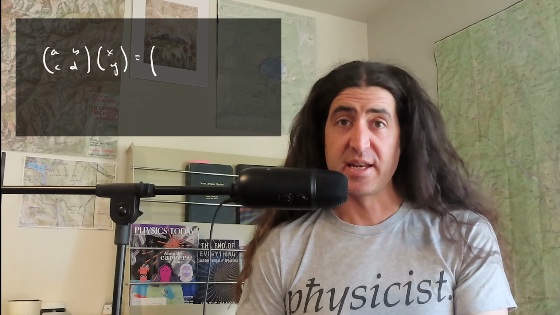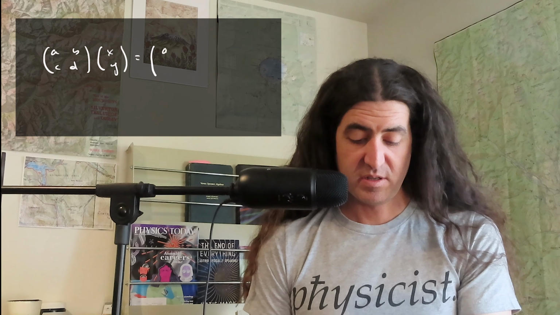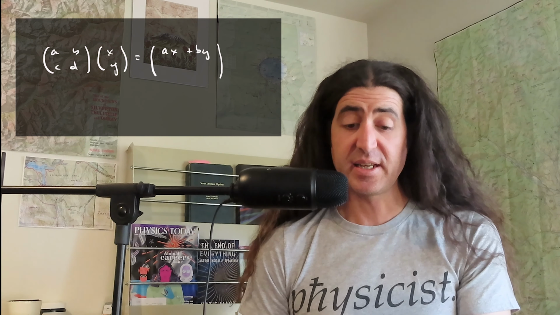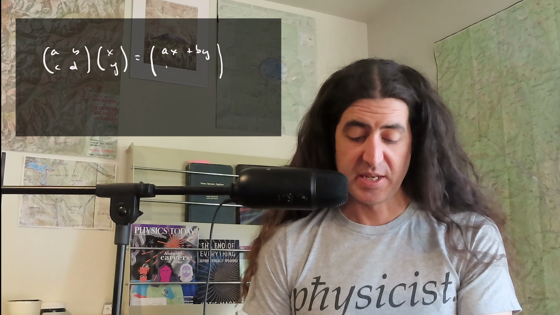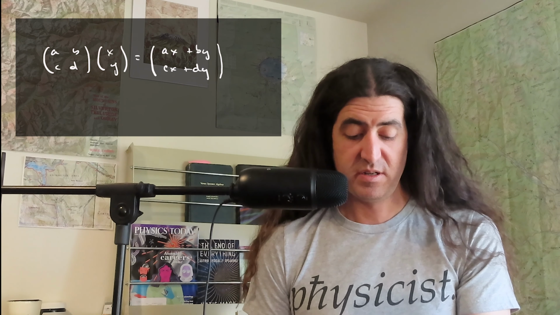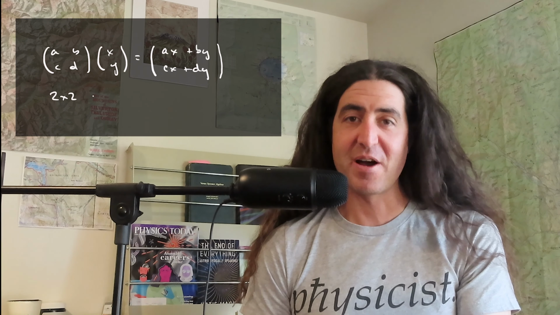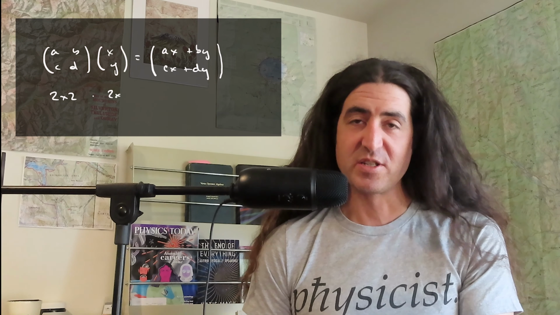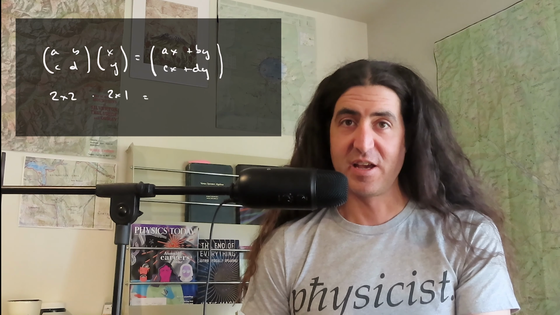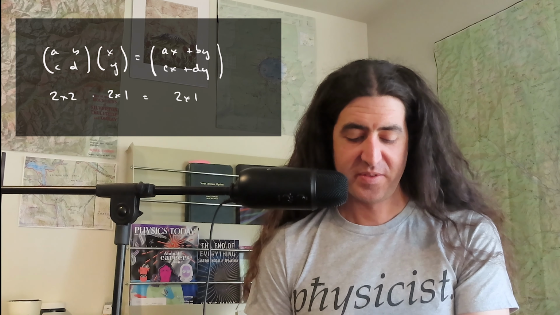Here, given ABCD and XY, we multiply to find the first component is A times X plus B times Y. And the second component is C times X plus D times Y. So notice we started with a matrix acting on a vector, a 2 by 2 dimensional object, multiplied that by a 2 by 1 dimensional object, a column vector, and we end up with a 2 by 1 dimensional object, a column vector.